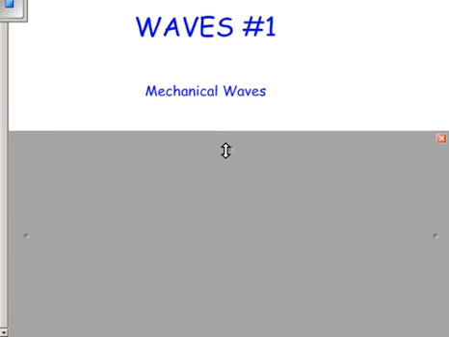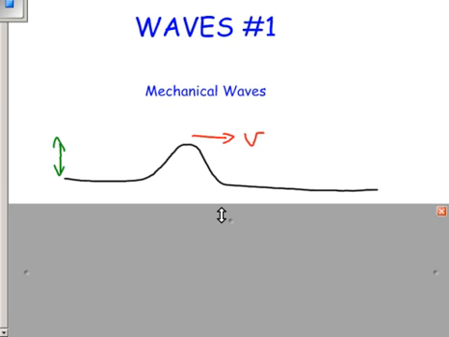Here I've got a string, and the green part there at the left side, I wiggled up and down and made a wave travel down it with a velocity. So I want you to notice something here. The wave is going from the left to the right, but the piece of string right here moved up, and in just a little while it's going to move back down.